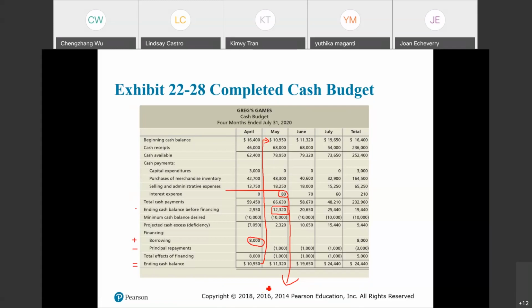Well, to calculate the interest, we need to know the remaining principal.